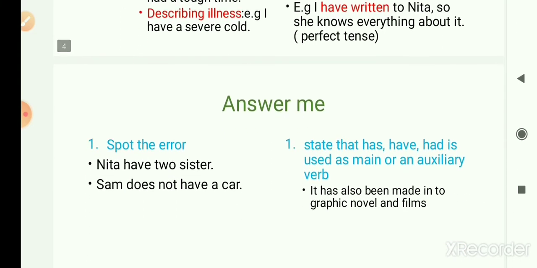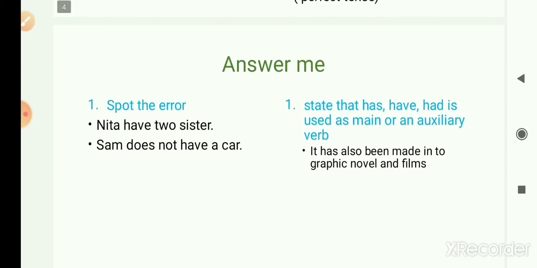Now let's answer the following. Spot the error. Nita have two sisters. You have to tell me what is wrong in this sentence. Can you think of it? Yes, have is wrong. It is supposed to be has. Nita has two sisters.